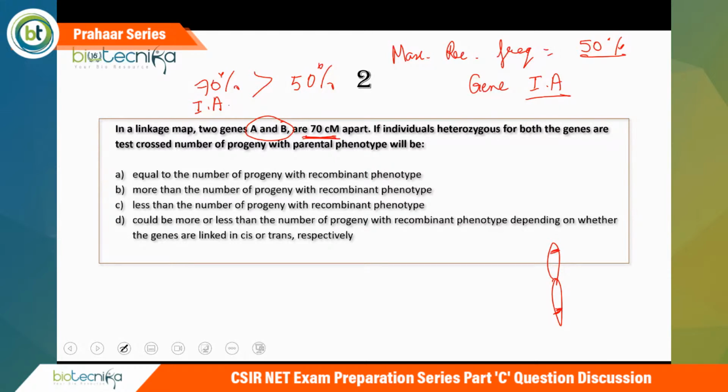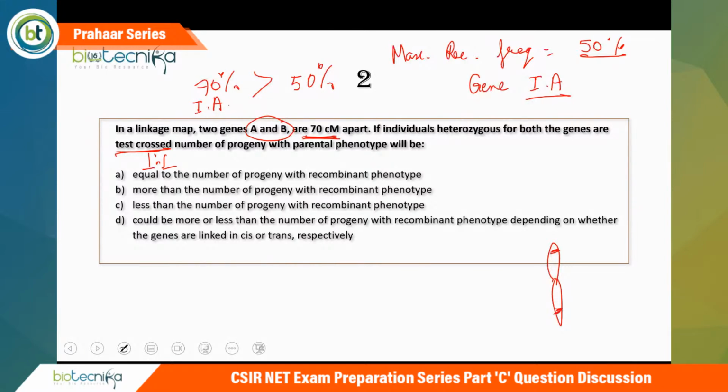So in Mendelian inheritance, if you take a heterozygote and do a test cross, what kind of progeny do we expect? Parental to recombinant will be 1:1. Yes or no? In a Mendelian test cross, we expect a 1:1 ratio, right? What is 1:1? Parental to recombinant.